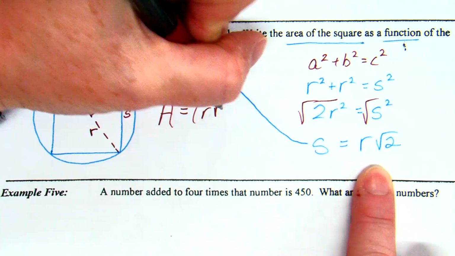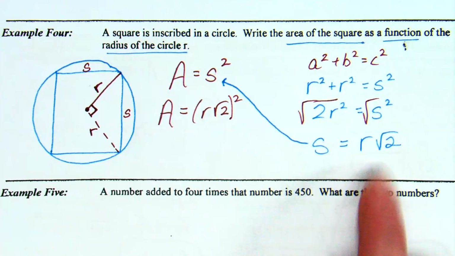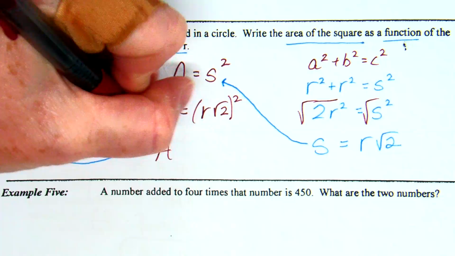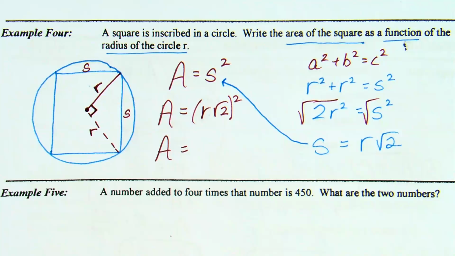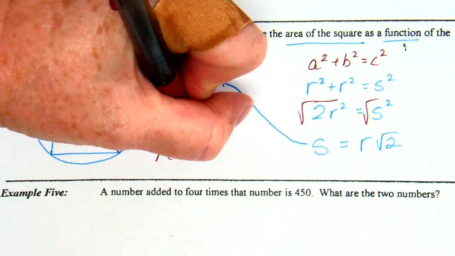R square root of 2, quantity squared. Clean it up and we're done. What is R when we square it? R squared. What is the square root of 2 squared? 2. So this is 2R squared.